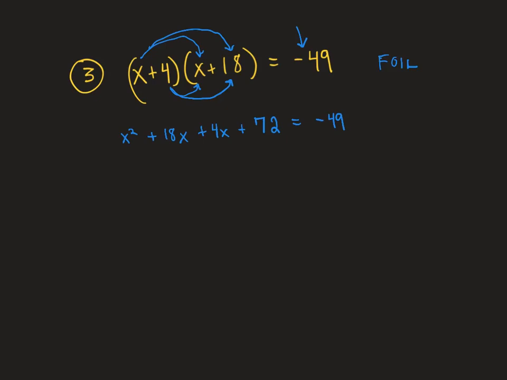And at this point, we want to put together like terms, and I'm also going to set this equal to 0. So we've got x squared plus 22x plus 72. And then if we're going to bring that 49 over, we've got to add 49 in order to do that. So we're going to end up with 0 on the right side. So x squared plus 22x plus 121 equals 0.